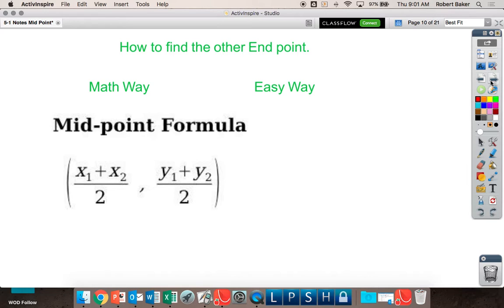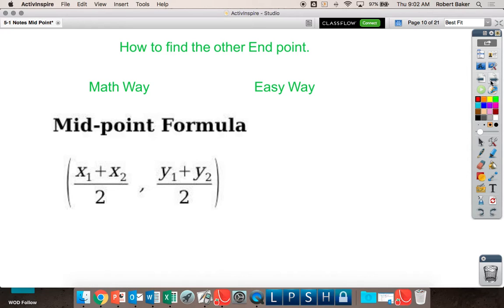Okay, it says how to find the other endpoint. What do you think when I say that to you in English words? Find the other endpoint. Generally, that's what happens. Blankness. So, think about what we're learning today. Today, we're finding the midpoint.